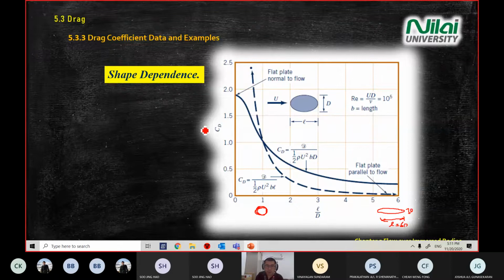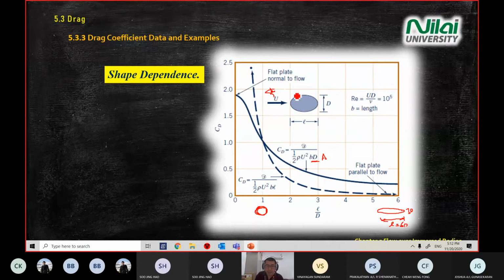So what happens to your drag coefficient in general? CD is given by D divided by dynamic pressure, half rho U square, times B times D. Again, what is B times D? It is the area seen by the upstream velocity.